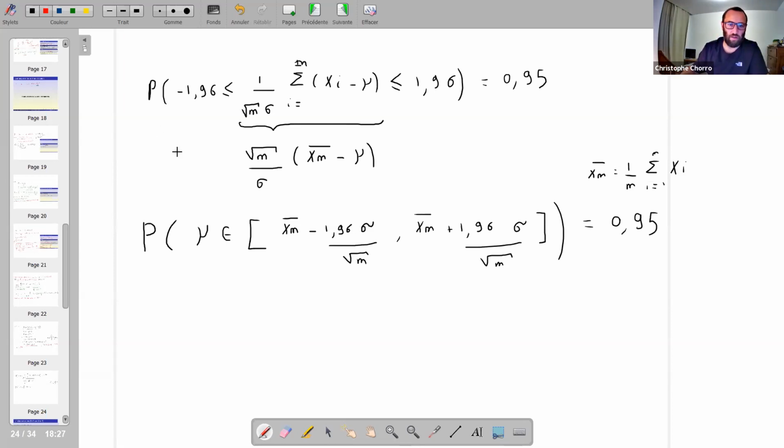So you have here, for a Gaussian distribution, the confidence interval for mu of level 95%.